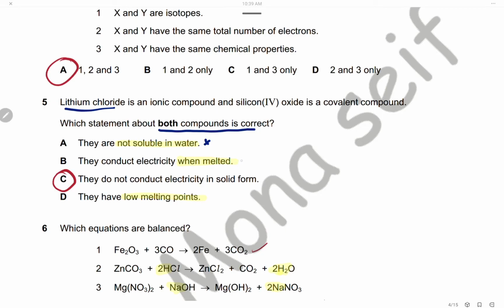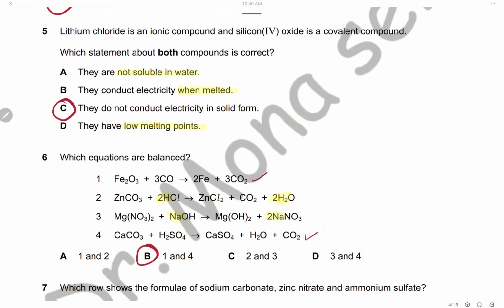Only lithium chloride can conduct electricity when melted, so the statement is wrong. They have low melting points. Of course, both have high melting points, so the statement is wrong. The only correct statement, they don't conduct electricity in solid form, and this is correct because lithium chloride is an ionic compound and cannot conduct electricity in solid, and of course silicon oxide cannot conduct electricity.